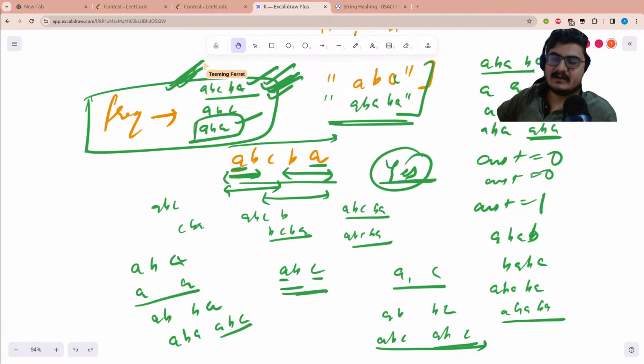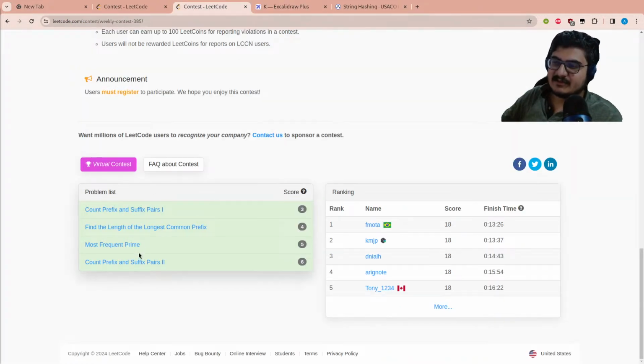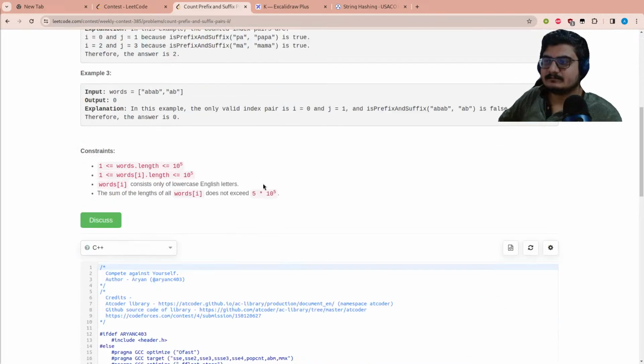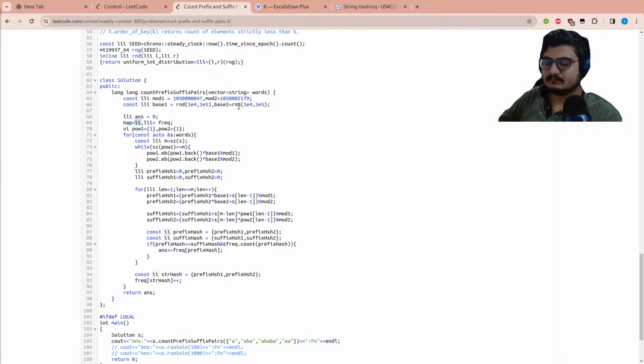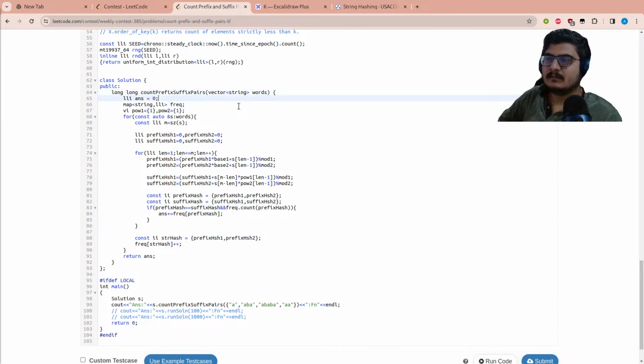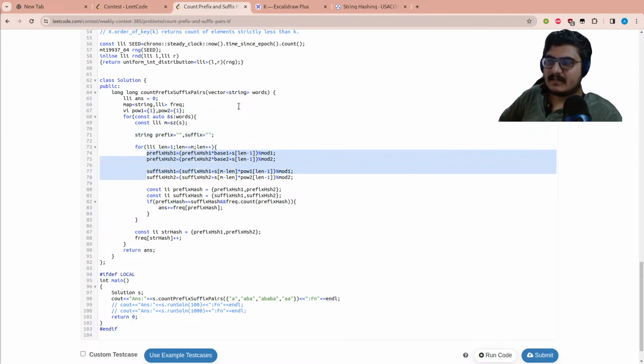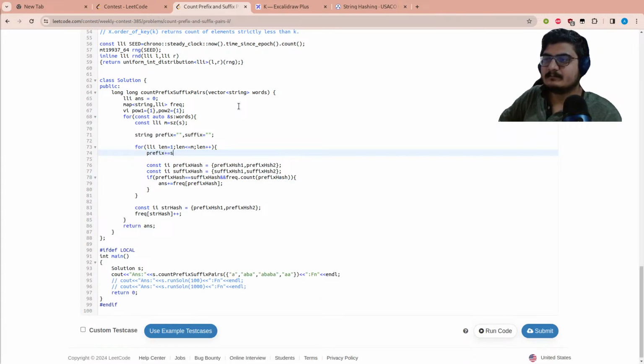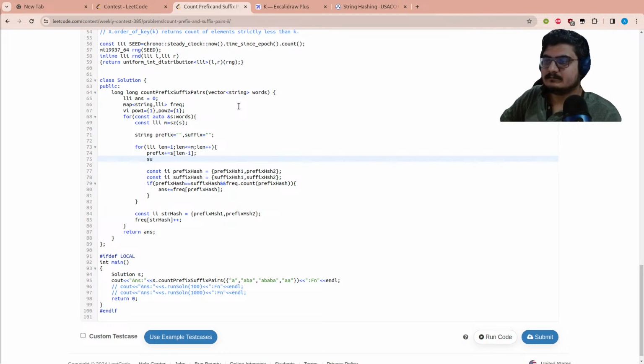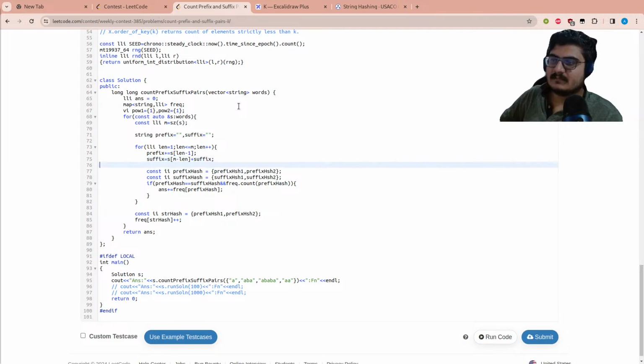If you want to look at a plain brute force solution for this problem, a brute force approach would be like this: this is the prefix and suffix I have.